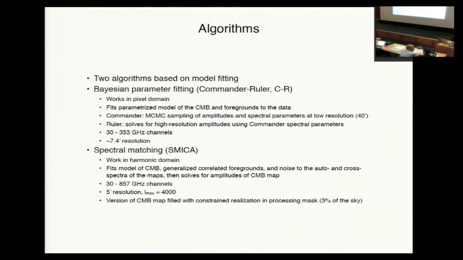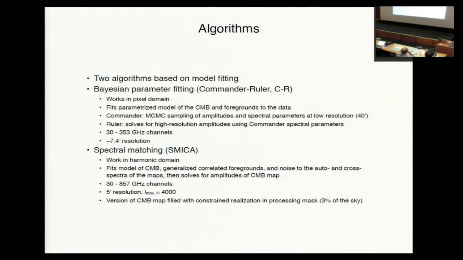It's called Commander-Ruler. It's a pixel-based method, and it fits a parameterized model of the CMB plus foregrounds, so a physical parameterization. In fact, it's a two-stage process. The first is called Commander, which does MCMC sampling of the amplitudes and spectral parameters. So you get a low resolution solution for all of the foregrounds plus the CMB.